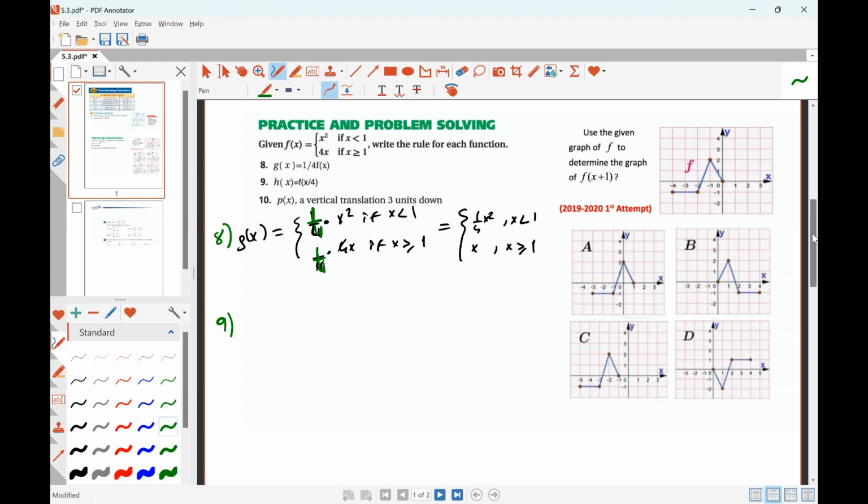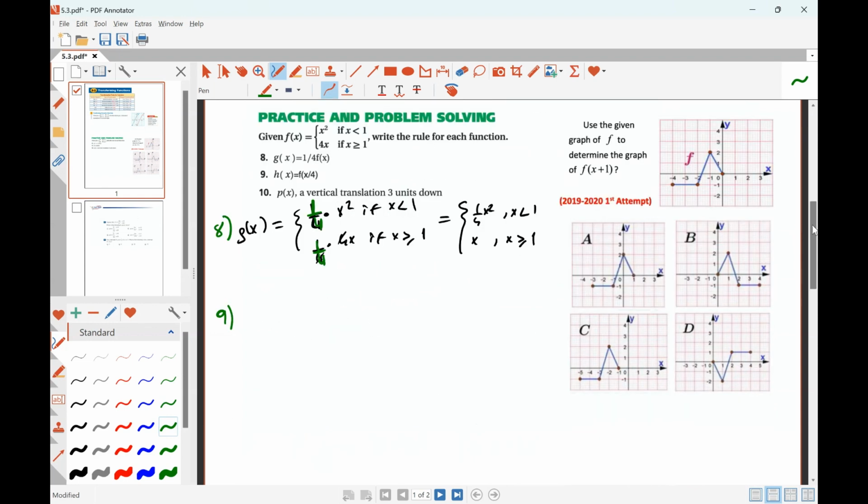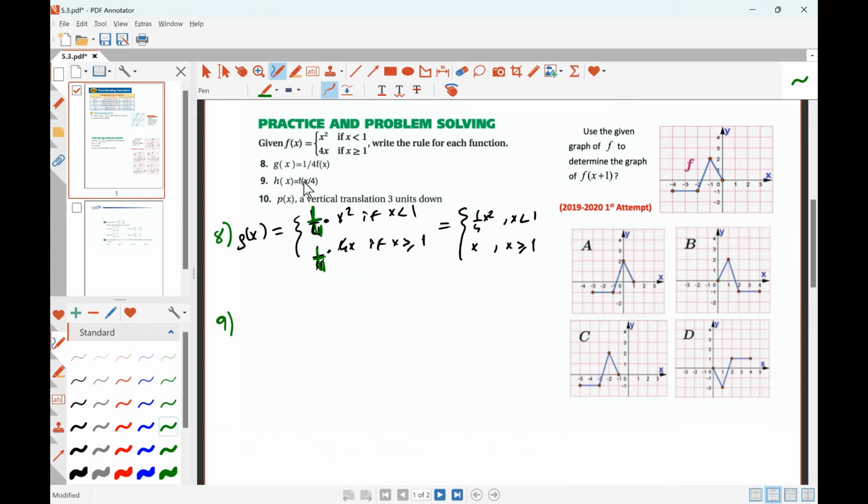As we studied in the previous note, when the change is horizontal, both the interval part and the output part, the rule part, will be affected, but when the change is vertical, the interval will not be affected. So multiply every x in the function by 1 over 4 because the change is horizontal.